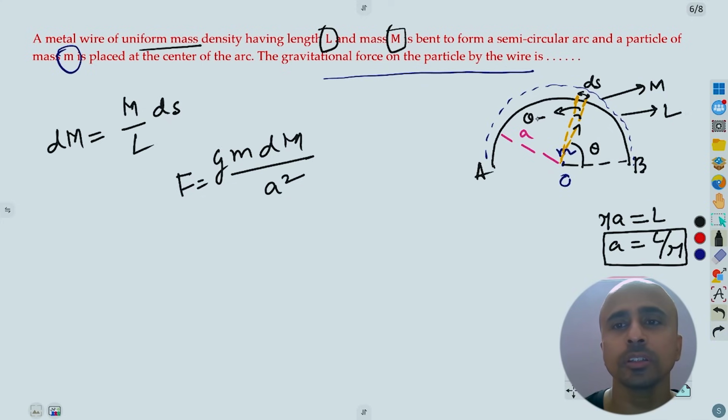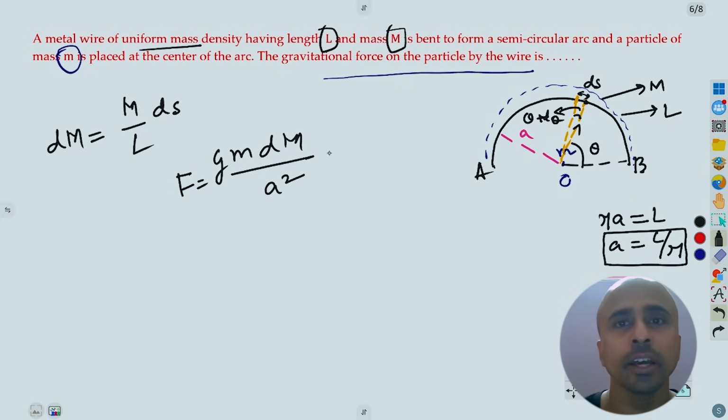It will be theta plus d theta. So what is the direction? We need some direction along this, so it will be some unit vector.